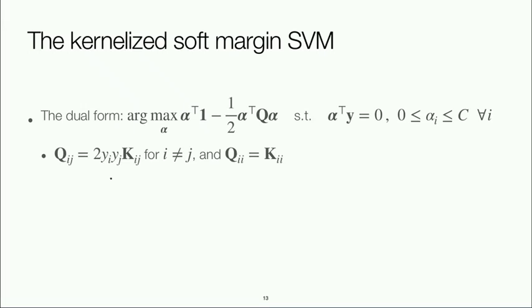Before we had xi transpose xj, and before here we had xi transpose xi. We have replaced those with phi of xi transpose phi of xj, and that's just given by the ijth entry in this kernel matrix which we've pre-computed.